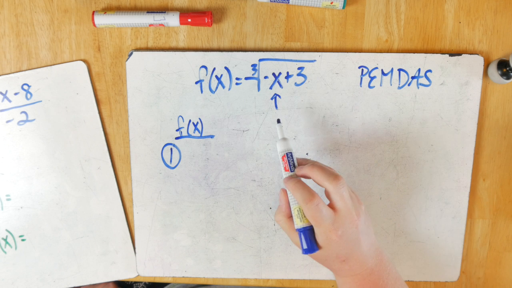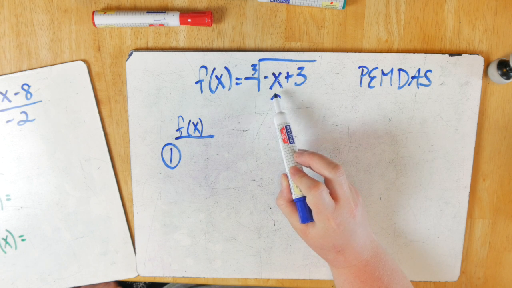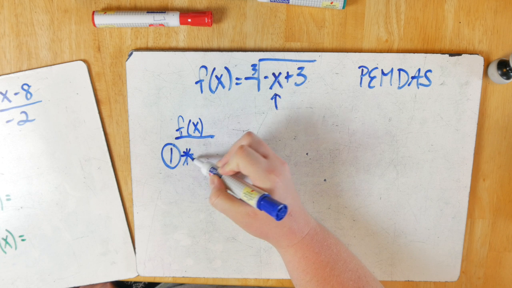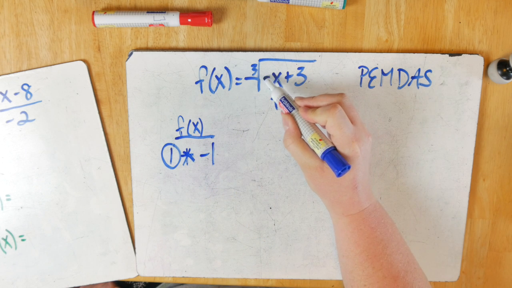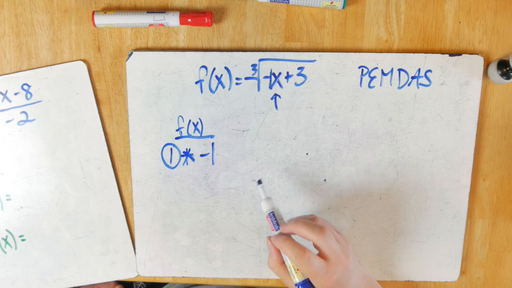So if we were to plug any number in for x, the first thing that we would do to that input in the f of x function is multiply it by -1 because of this negative, and really there's a 1 right here. We just don't always write it.